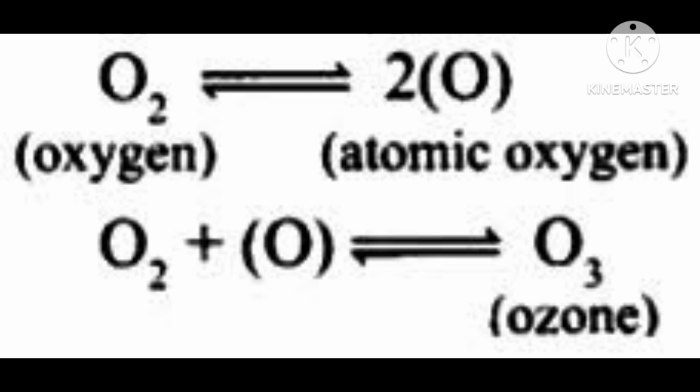So aluminum was 3 plus first, then it takes 3 electrons and becomes neutral, and the extra 3 taken gives 3 negative. That's why now it became neutral.